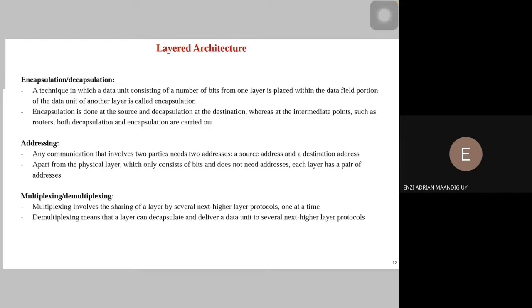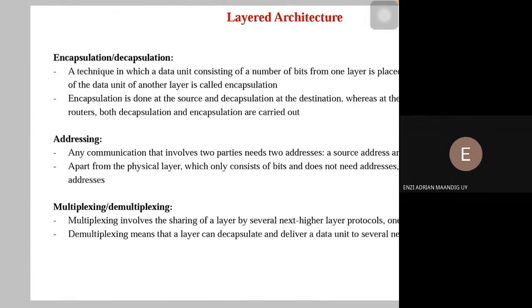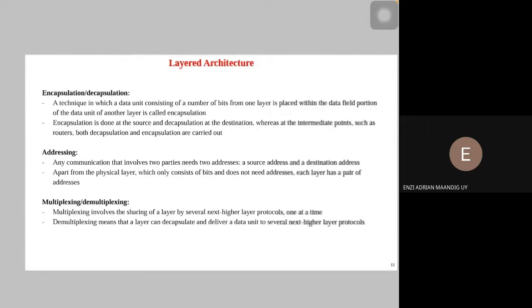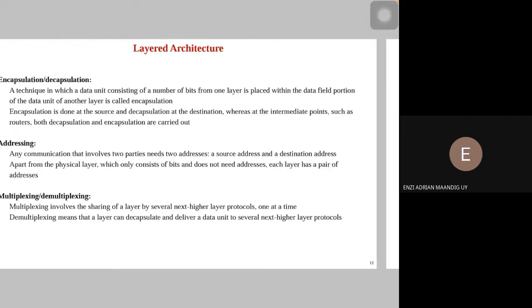Supposedly this would be covered in wireless and data communications. These are the processes done by the intermediate nodes or even our own devices: the concept of encapsulation and decapsulation, addressing, which is what I talked about earlier, the addition of addresses, whether MAC address or IP address, and multiplexing and demultiplexing.